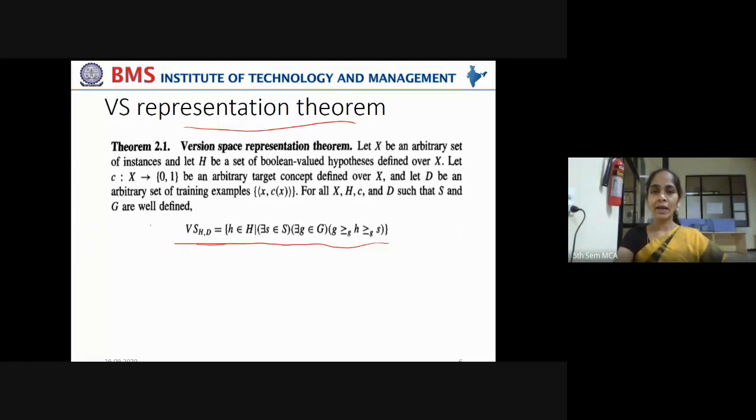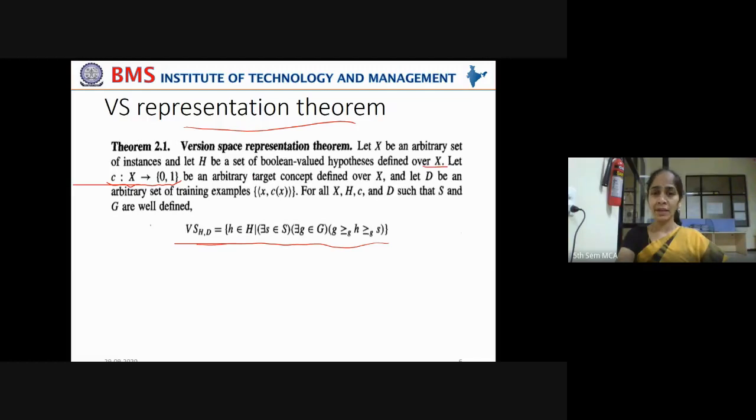Let X be an arbitrary set of instances and let H be a set of Boolean valued hypotheses defined over X, right? Let C be an arbitrary target concept defined over the set of instances X, such that each training instance is mapped to either 0 or 1, meaning yes or no, because it is a classification problem.